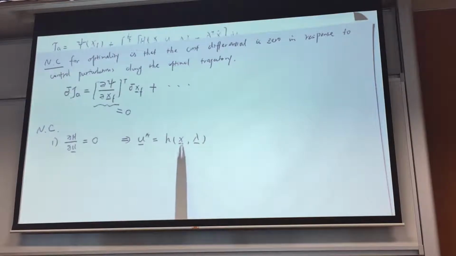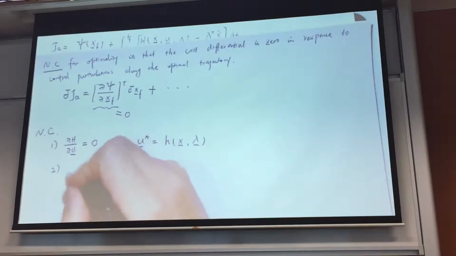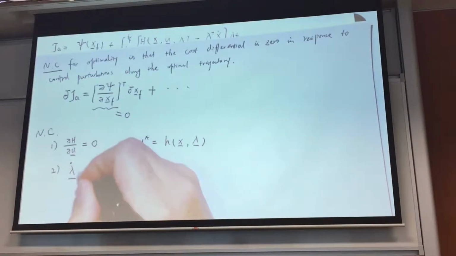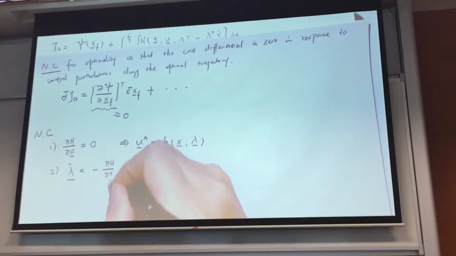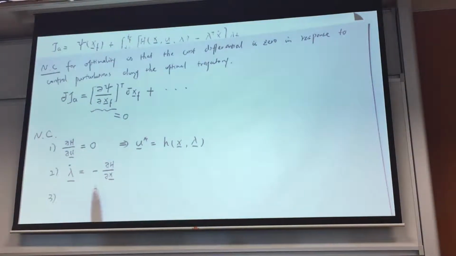In order to solve for x and lambda, we have another two equations. The first is the dynamics of the Lagrange multiplier: lambda dot equals minus dH/dx. This gives you the dynamics of the Lagrange multiplier. The other set of equations is the dynamic equations, which we call the constraint.